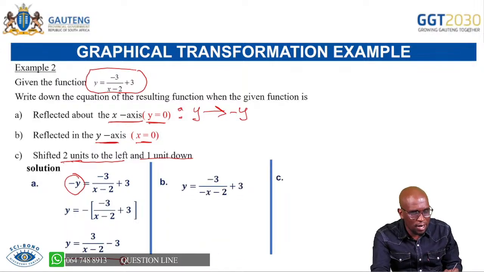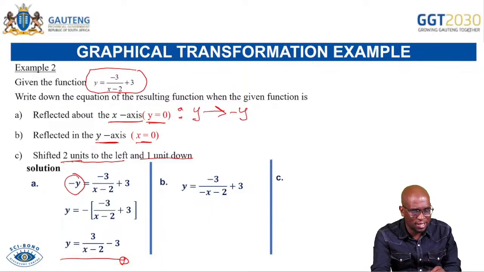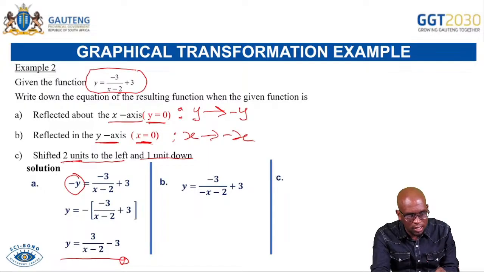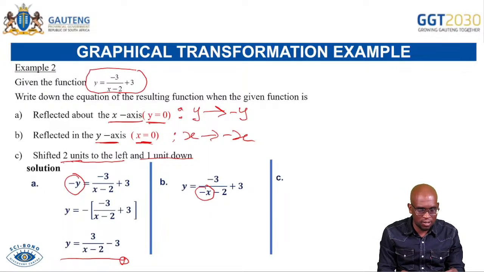And then the second one is reflected about the y-axis. If it is reflected about the y-axis, it means that it's reflected about the line x equals 0. So where we see x, we're going to put negative x. You can see here, we've replaced the x with negative x.